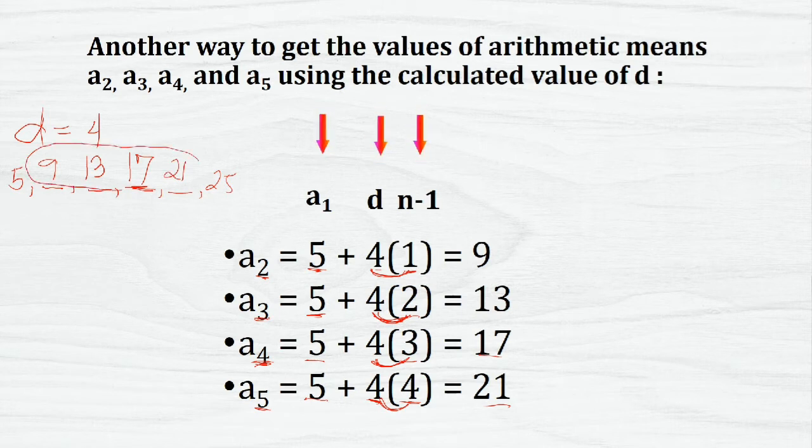The first arithmetic mean is 9. Second arithmetic mean, 13. Third arithmetic mean is 17, and then fourth arithmetic mean is 21. But if we're talking about terms of the arithmetic sequence, then 9 is the second term, third term, fourth term, and fifth term.